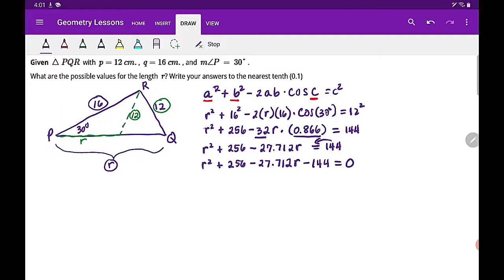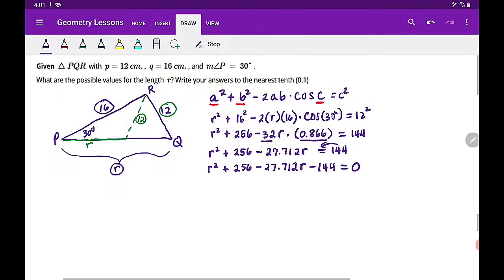Okay, and then let's rearrange this equation so that R terms are next to each other. So it's going to be R squared minus 27.712 R plus 256 minus 144. I'm just doing the rearranging here.